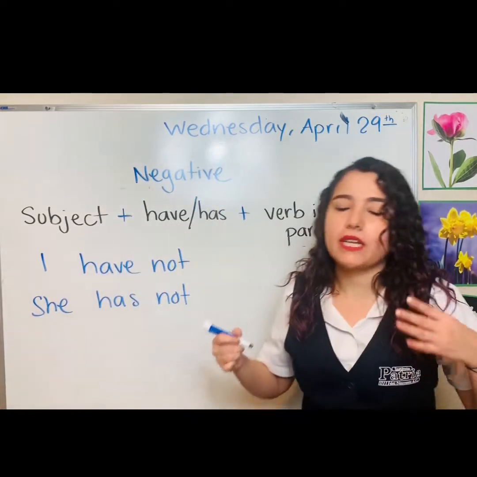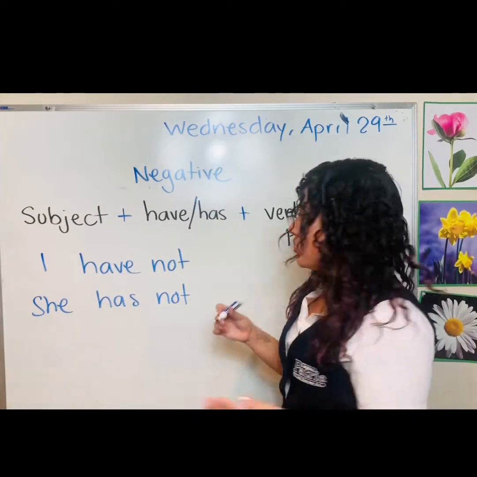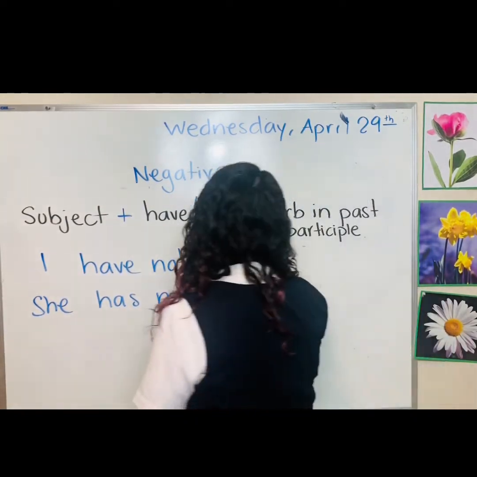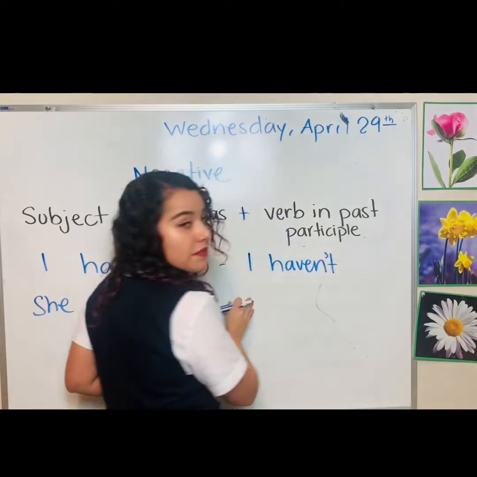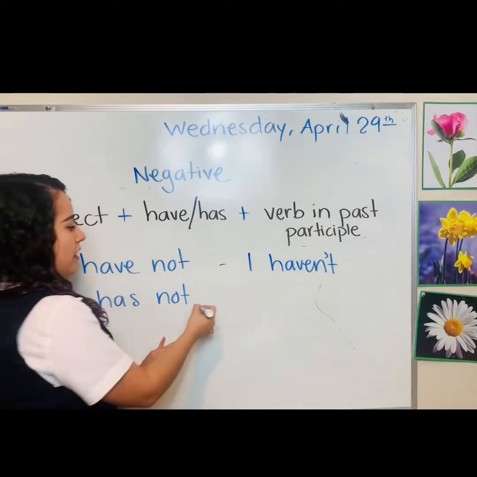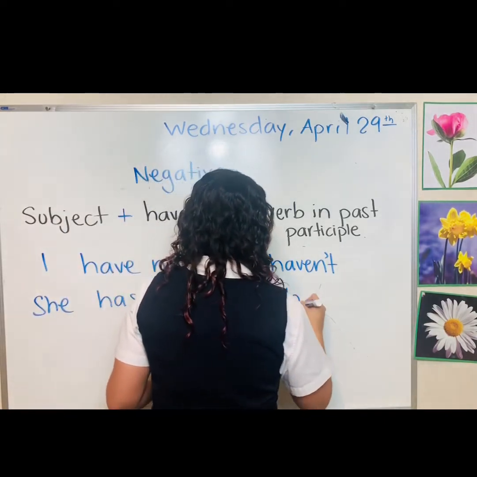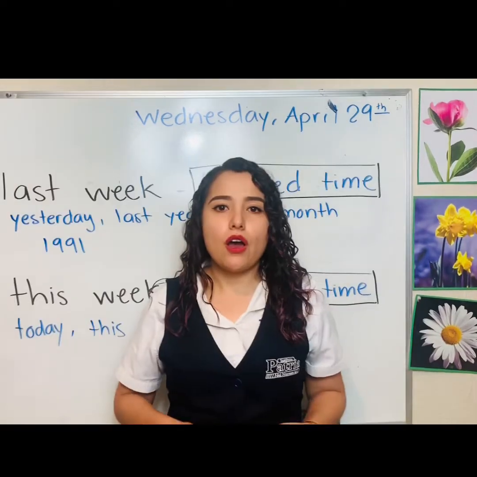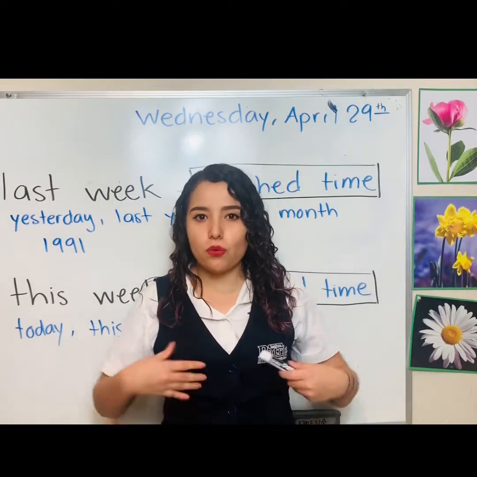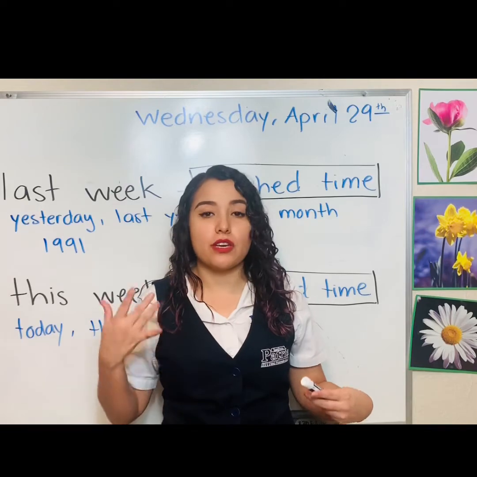But if you want to make it even shorter, you need to add the contraction. Instead of have not, it would be I haven't, this is a contraction. Or she has not, it will be she hasn't.